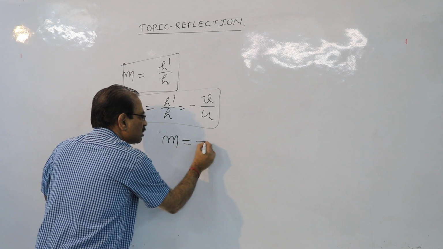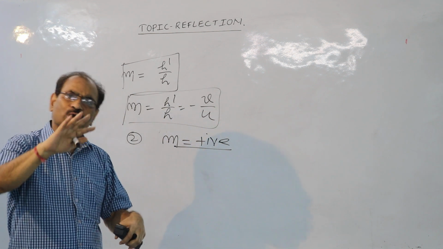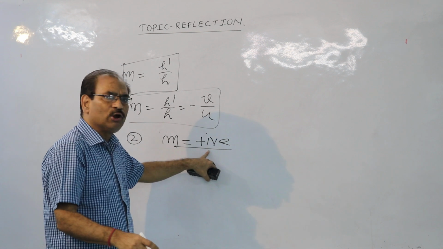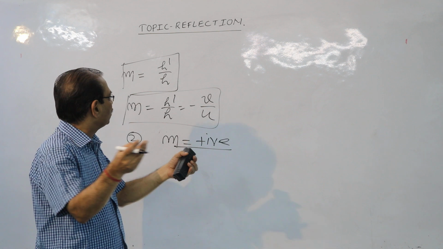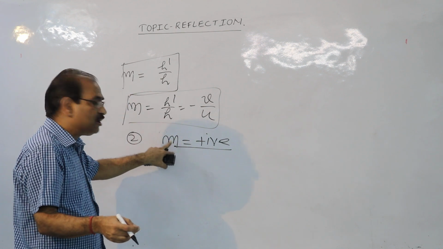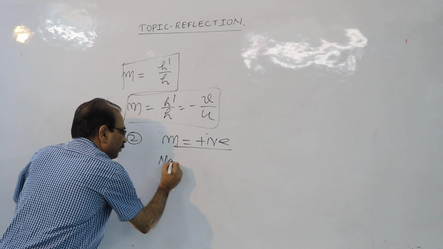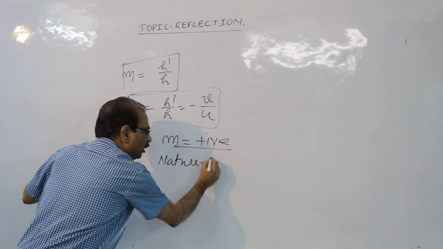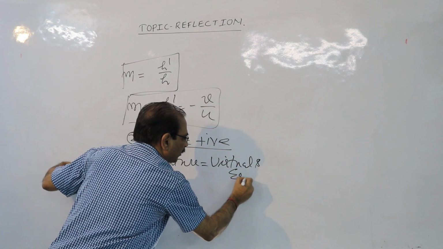Magnification, if it is coming with a positive sign, we shall be discussing both the options. If the sign of magnification becomes positive and if the sign of magnification becomes negative, what happens? If it is coming out with a positive sign, the nature of image will be virtual and erect.